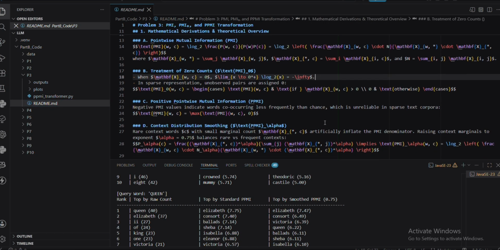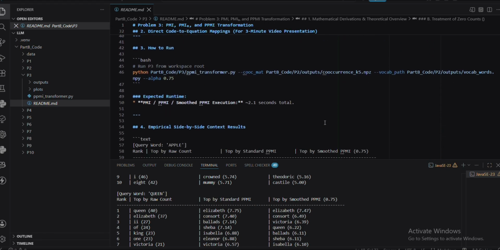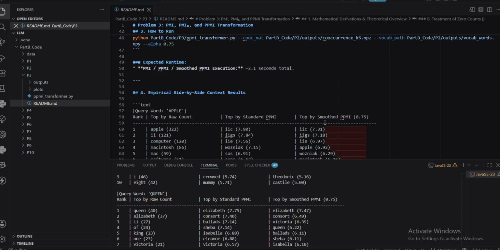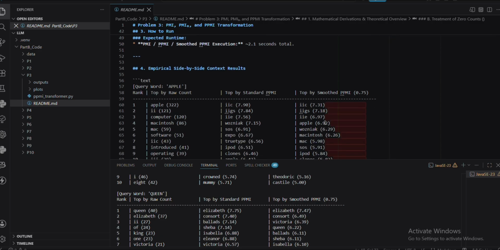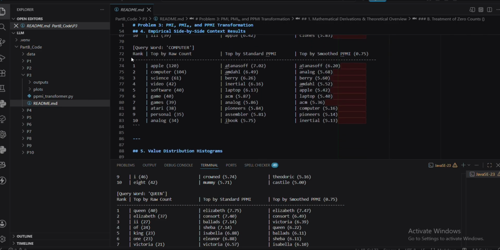Let us understand the pointwise mutual information. It measures how strongly a target word and a context word are associated with each other, compared with how often we could expect them to occur by chance.